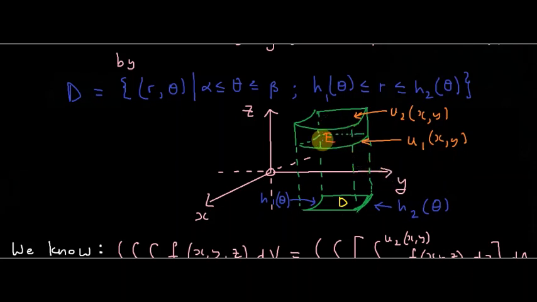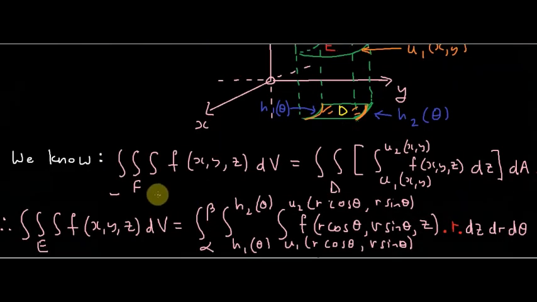We have the solid region E, we have u2 and u1 by which z is bounded, and then we have a projection onto the xy plane, and this is the area D. We can see that r is bounded by the functions h1 of theta and h2 of theta, whereas theta is bounded by constants alpha and beta.